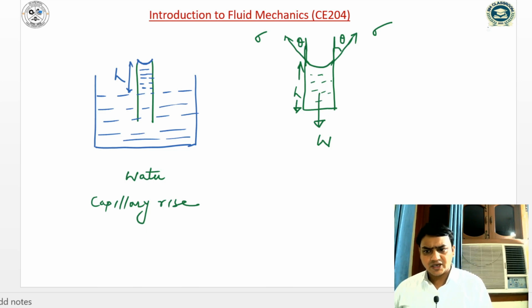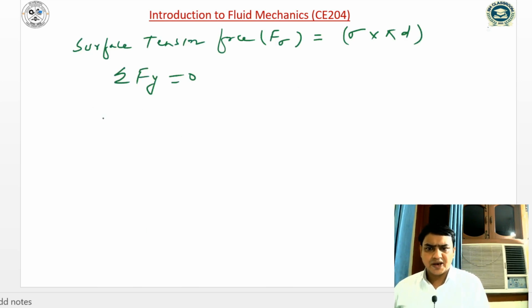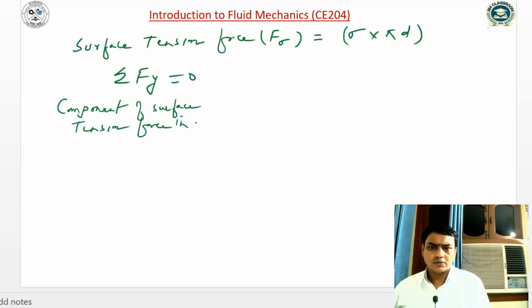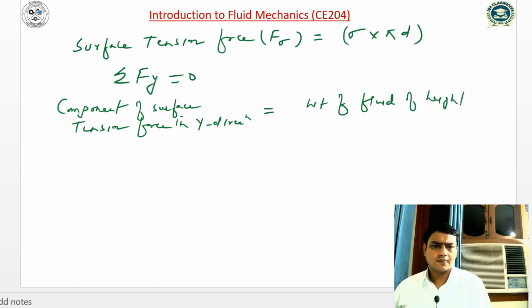So we can write: the vertical component of the surface tension force in y direction is equal to the weight of fluid of height h in the downward direction.